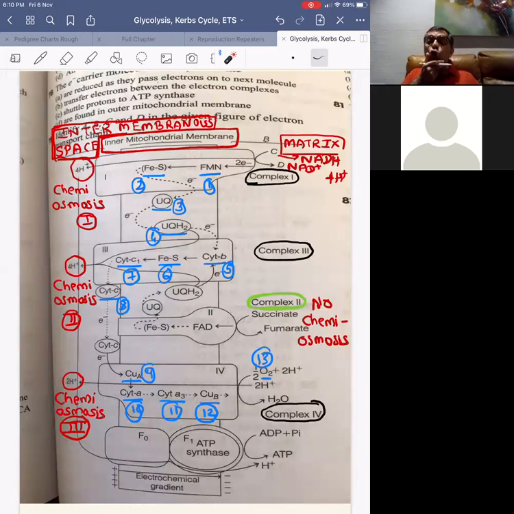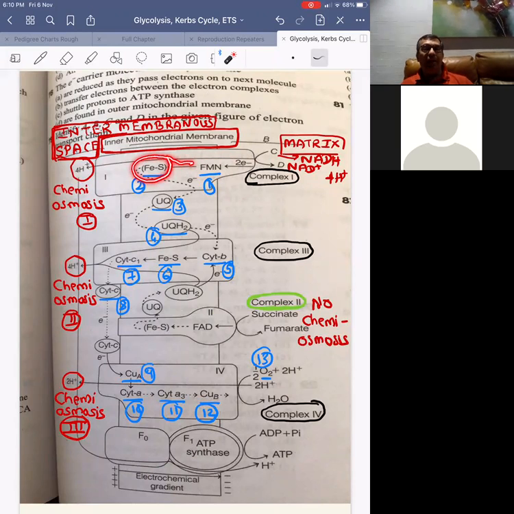What will actually happen? Please focus, all of you. In the matrix, you have NADH plus H plus becoming NAD, and hydrogen will go to FMN, which will then become FMNH2, and then it will go into something called FES.